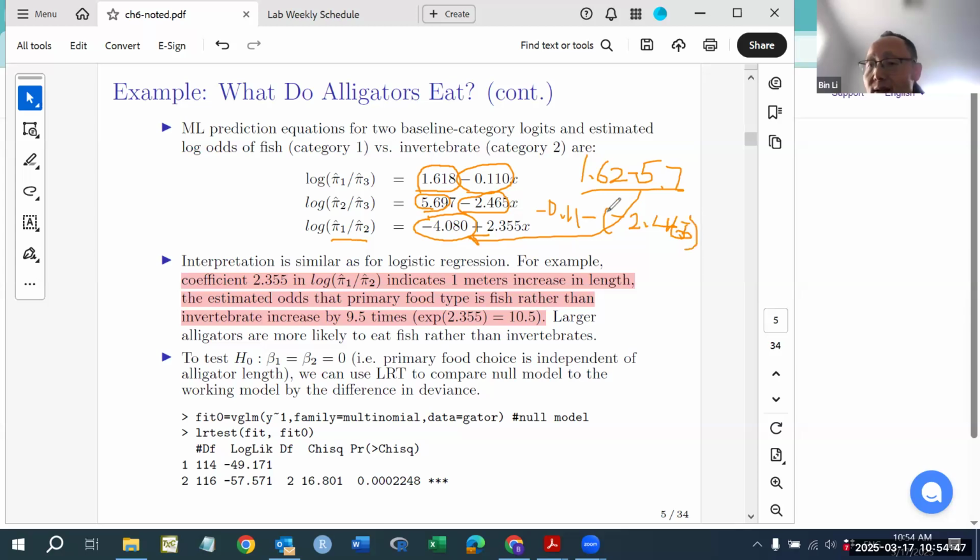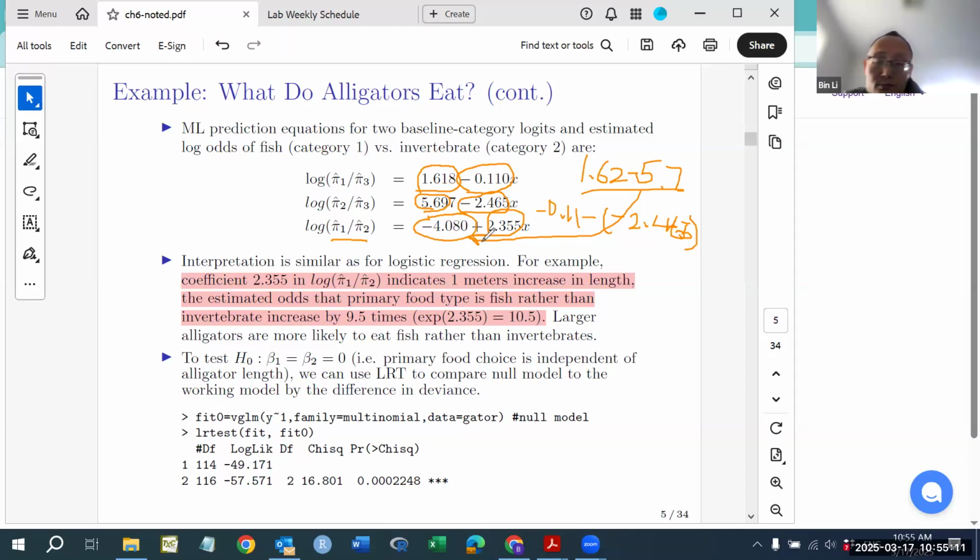But we have minus negative, so that becomes plus. So that's why the slope is positive for the log odds model between the fish and invertebrate. Okay, so that's how we get these intercept and slope. So make sure you know how to find that.